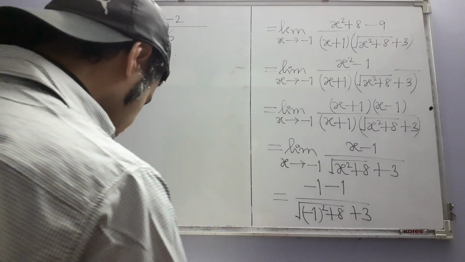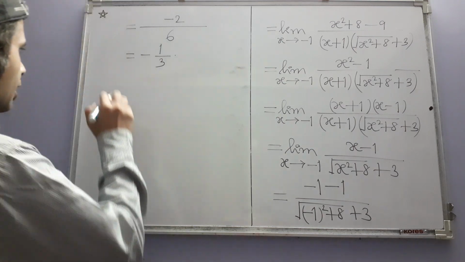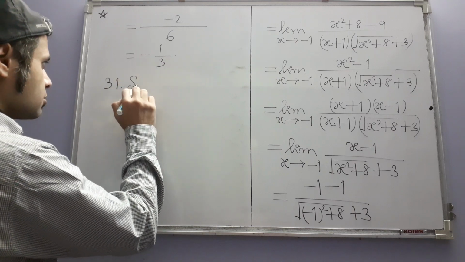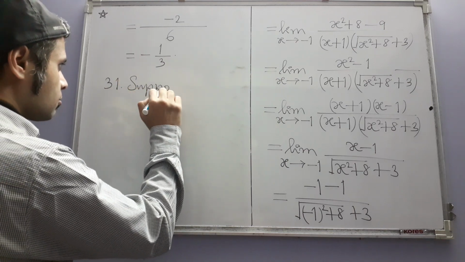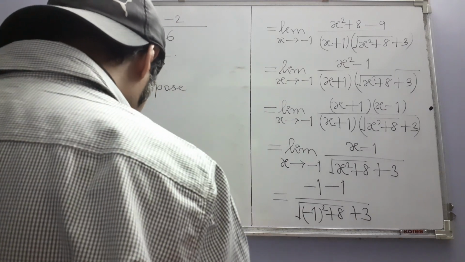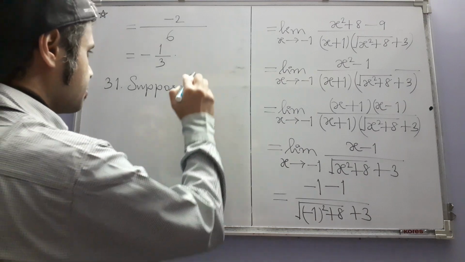Okay, let's now see the next one. 31. Suppose, this one is actually quite easy, but because it's a little different from these things, so let's see what it is.